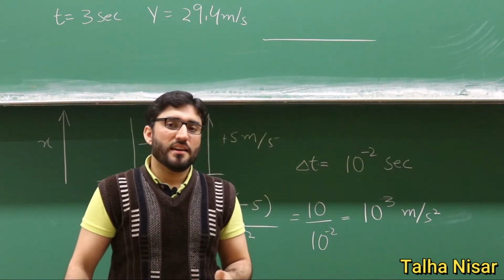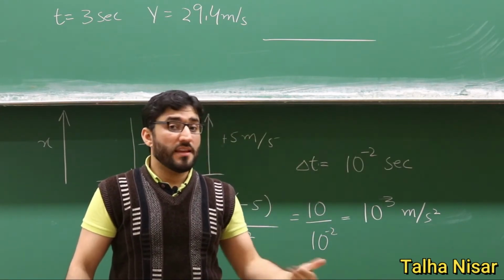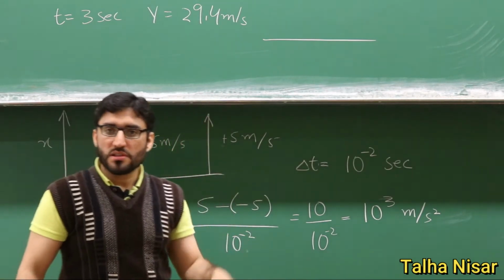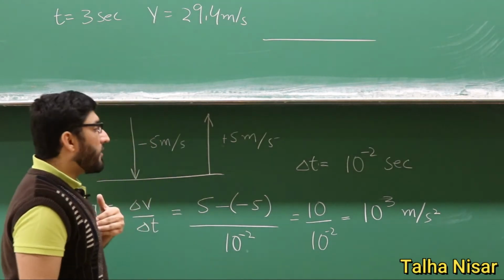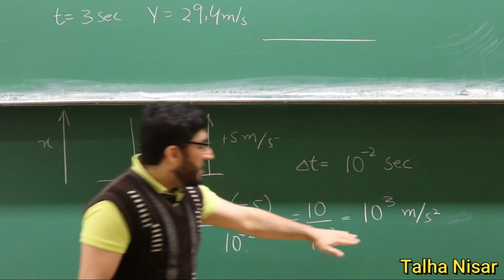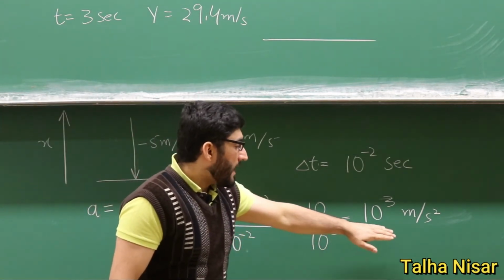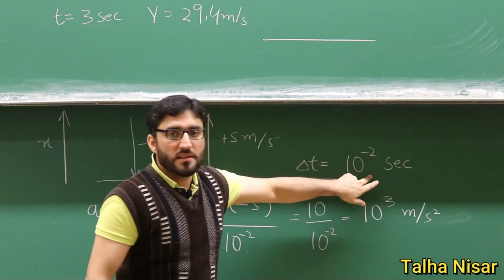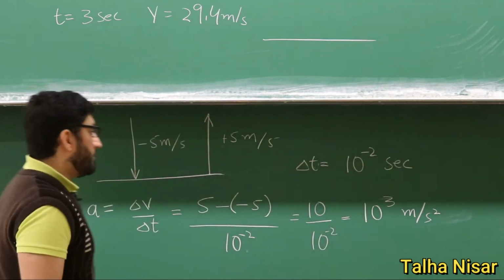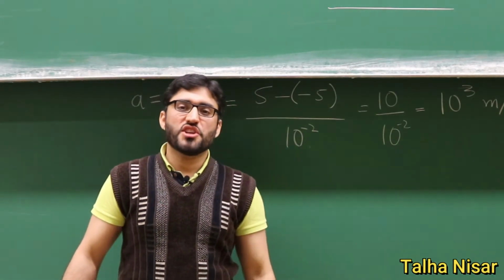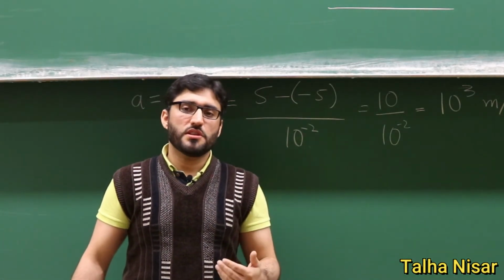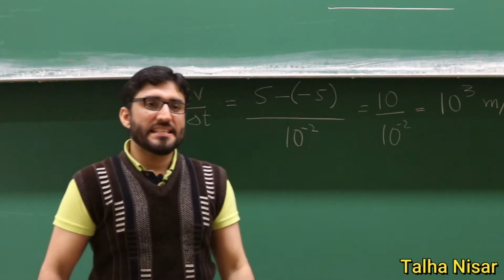That's why there is a lot of damage in accidents, or whenever we throw something hard, for example an egg, it will break because the acceleration is extremely large, and the acceleration is large because of this small impact time.